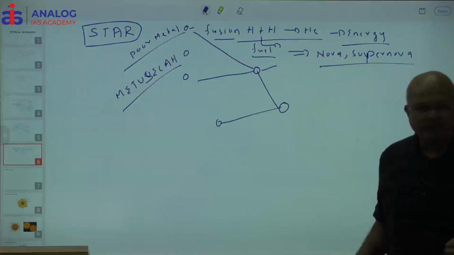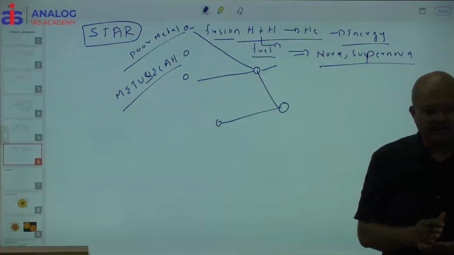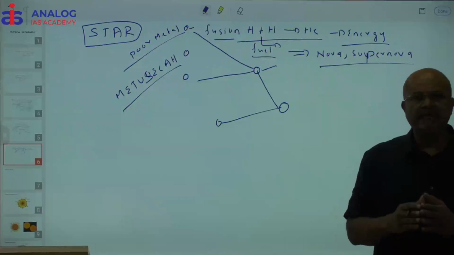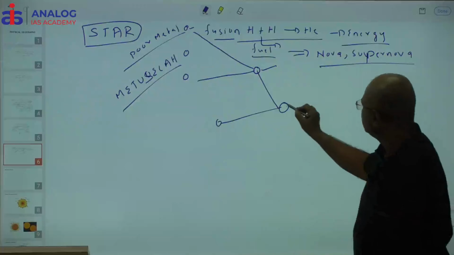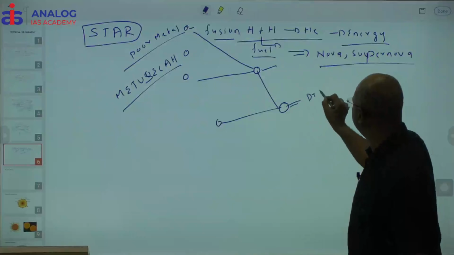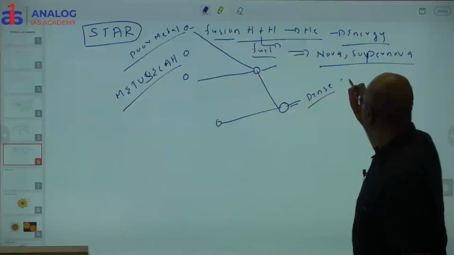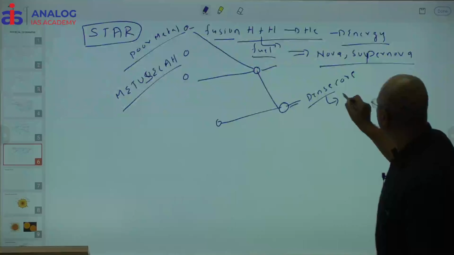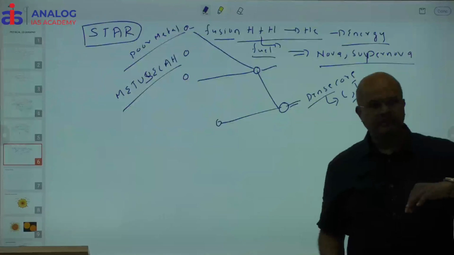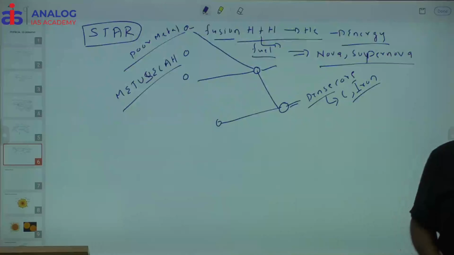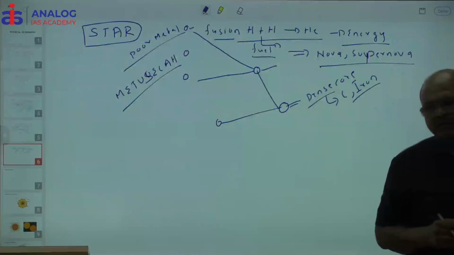How do you identify the young stars? Young stars will have a denser core. Denser stars will have more amount of carbon. They will have more amount of iron. More iron, more carbon.